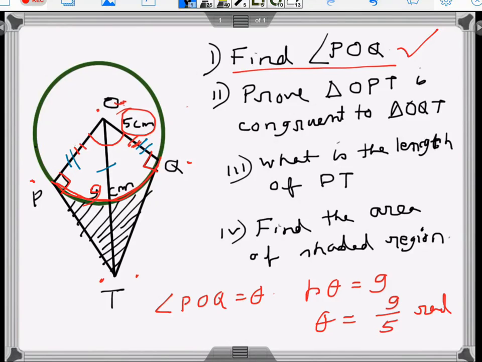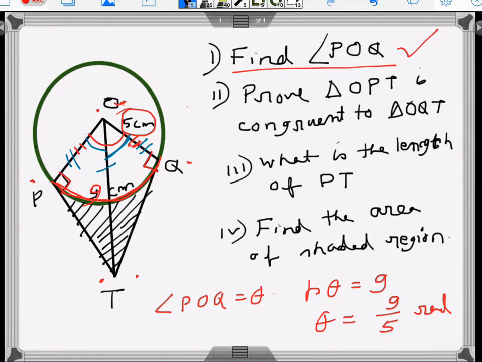This is a common arm, and this angle is equal to this angle because of the bisecting. So, side angle side, these two triangles OPT and OQT will be congruent because of side angle side equality.